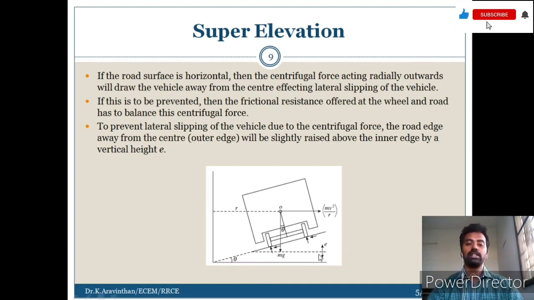To prevent the slipping of the vehicle due to the centrifugal force, the road edge away from the center will be slightly raised above the inner edge by a vertical height known as E. So this is an angle, and E is the vertical component. This vertical component is known as the super elevation.